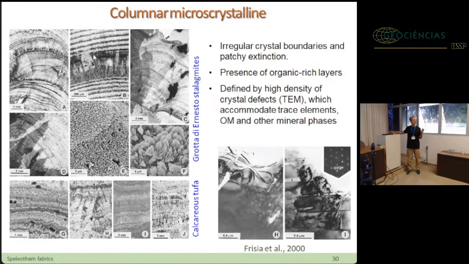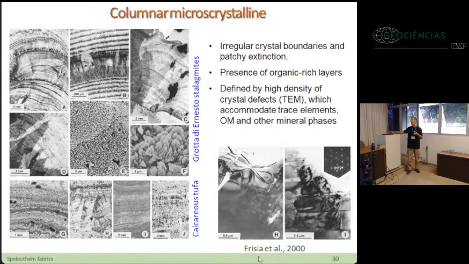We have laminae very rich in organics, and very tiny crystals combined in different aggregates. And we have this patchy extinction, so the crystals are more irregular, and the extinction is not uniform, it is patchy and fuzzy. And if we look at the transmission electron microscope, we can see that they are full of defects.